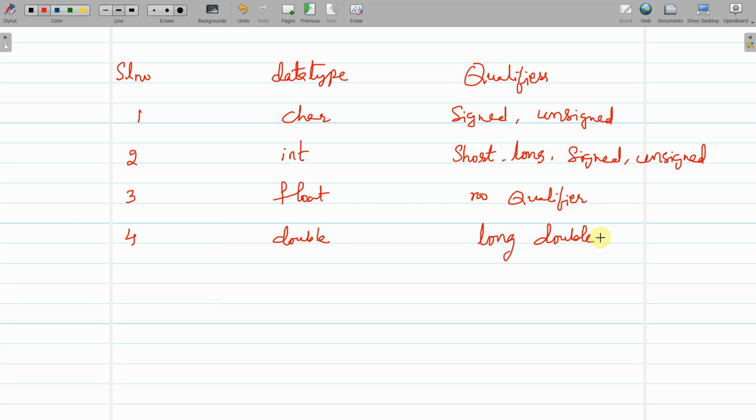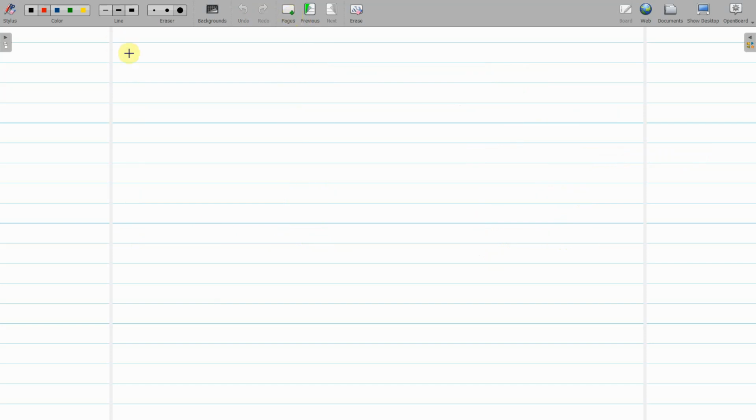Now we are talking about the third type of qualifiers called type qualifiers. These are basically classified into two types. One is called constant.